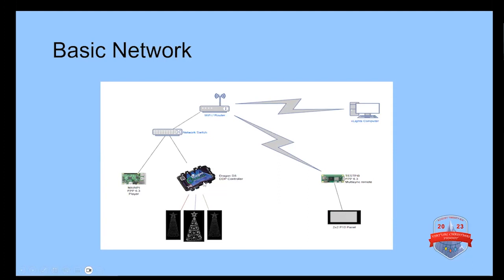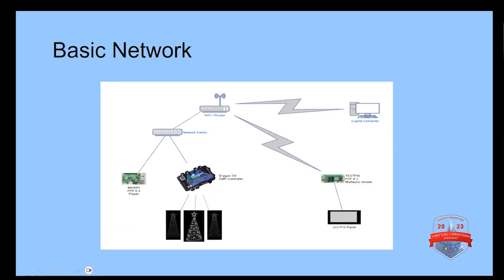So I have a standard controller that the player will send data to, and an FPP-based controller used with what we call multi-sync, which is the protocol used in FPP to communicate between a player and an FPP remote. This is just an example of the basic network setup I've got here for demo.